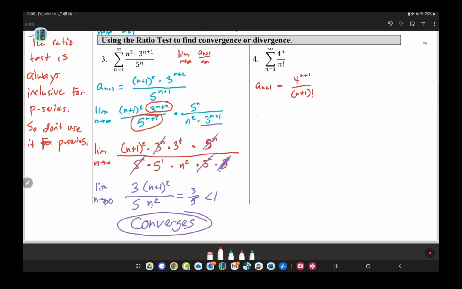So we take the limit as n goes to infinity of 4 to the n plus 1 over n plus 1 factorial times the reciprocal, n factorial over 4 to the n. Right? Now, we wrote up top that n plus 1 factorial can be written as n plus 1 times n factorial.